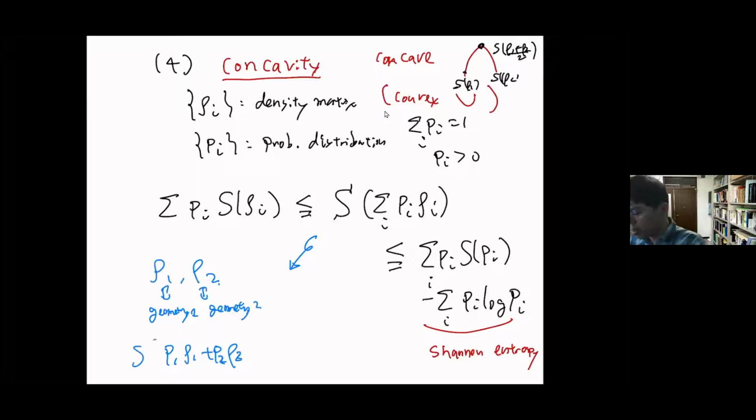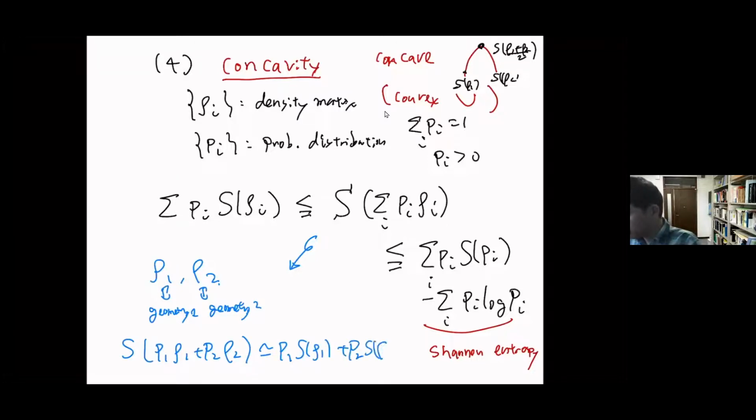If we calculate the entanglement entropy for S of p1 rho 1 plus p2 rho 2, actually we can say this is just linearly approximated. This is something we can learn from this formula, because the extra contribution here is very, very small.